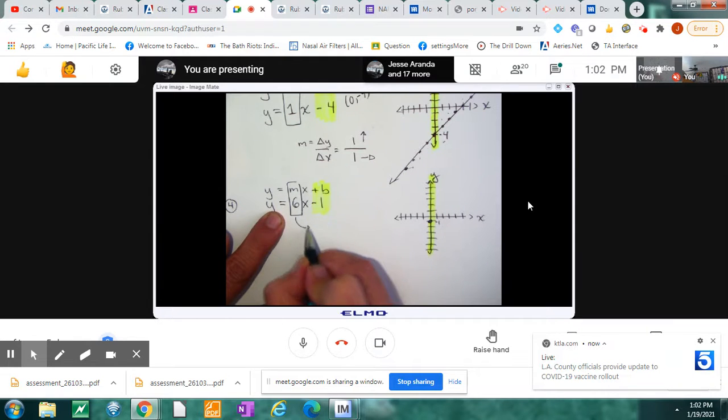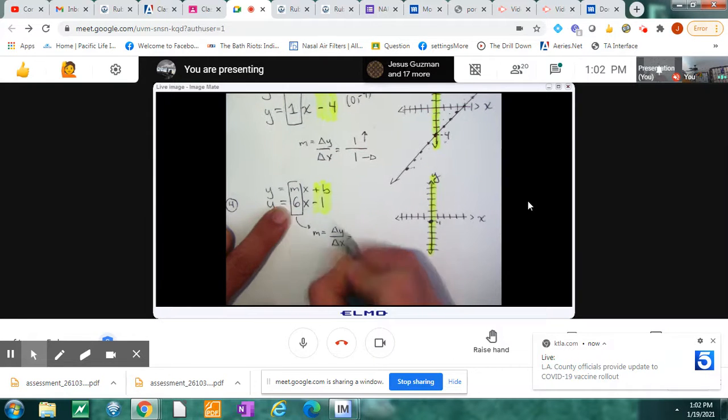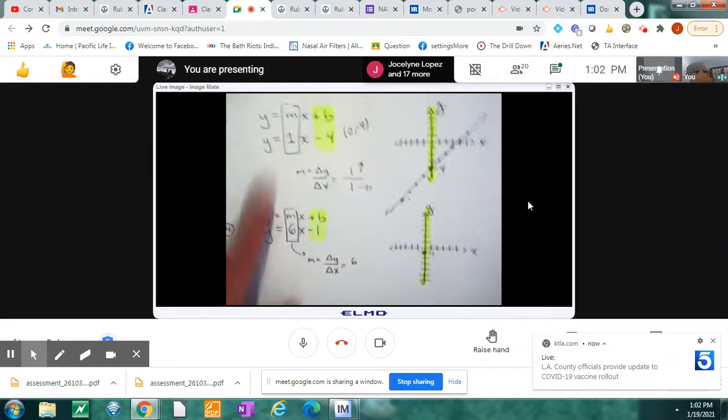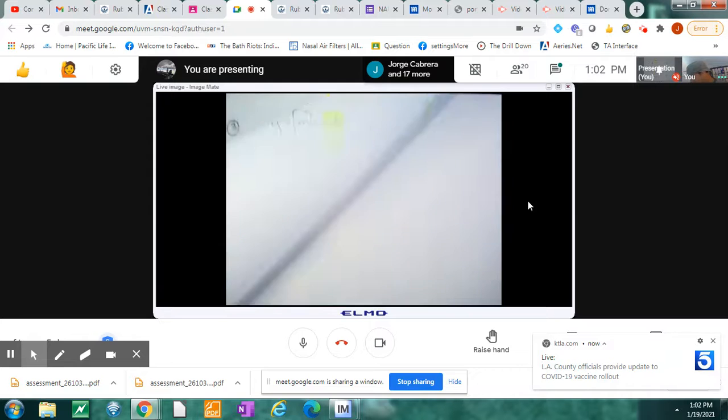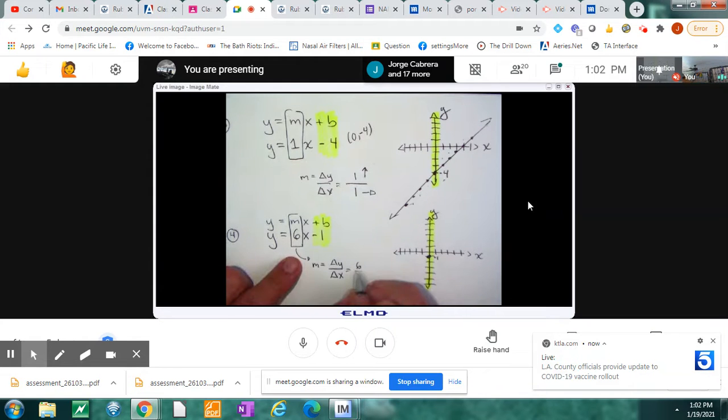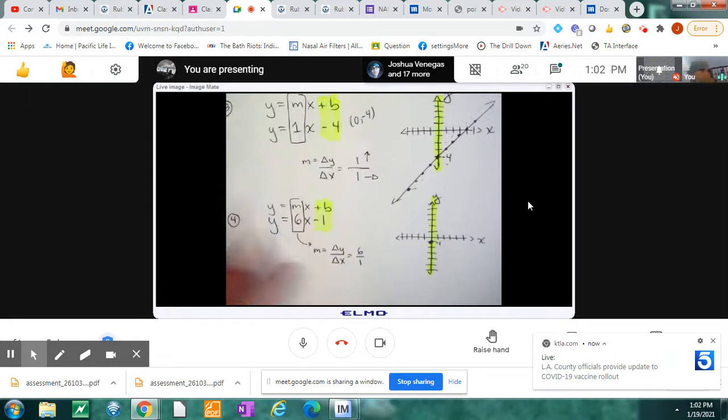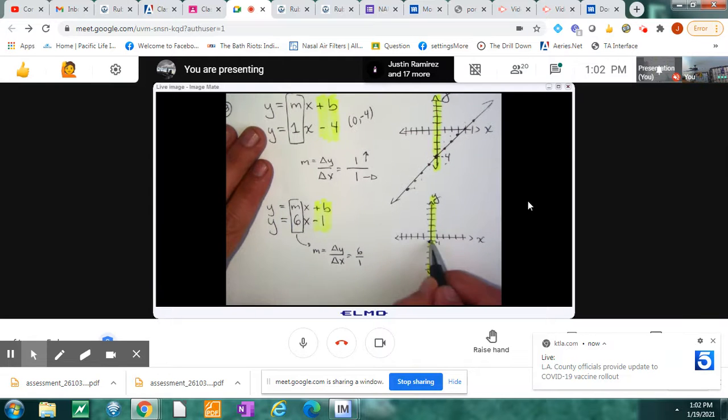So again, your M is your change in Y over the change of X, which is 6. And remember, all of them we were doing over 1. So this one's going to be over 1 as well. Remember, they're positive. So now I'm going to go up 6 from right here. 1, 2, 3, 4, 5, 6.